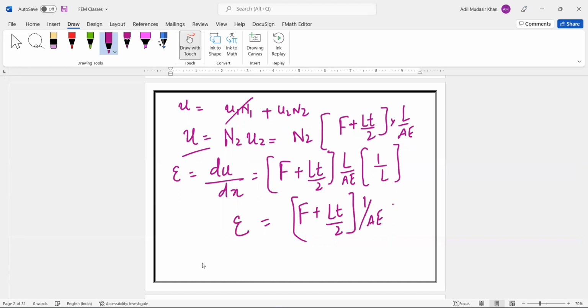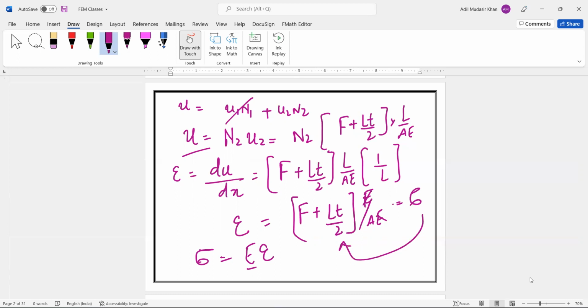That is the value of strain. If we are asked to calculate the stress, that is E, Young's modulus of elasticity, times the strain. So if this expression is multiplied by E, the E and E will cancel. This gives us the value of stress.